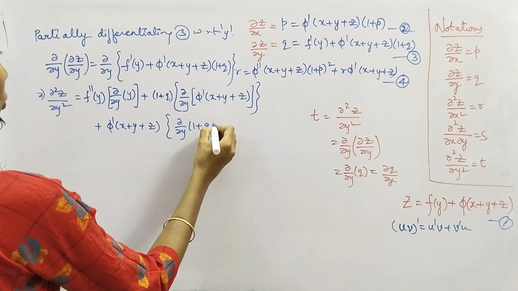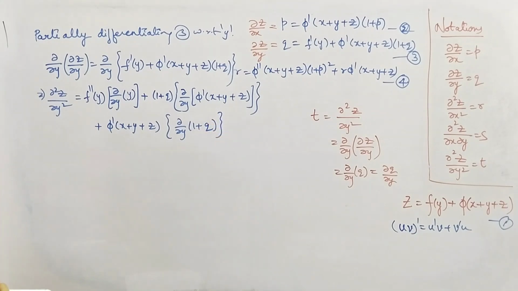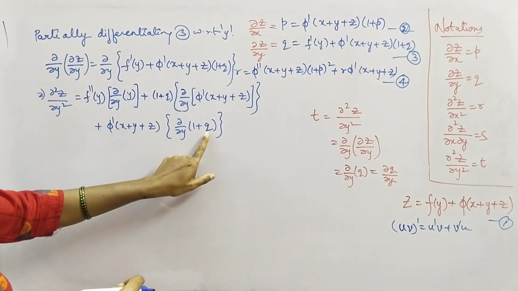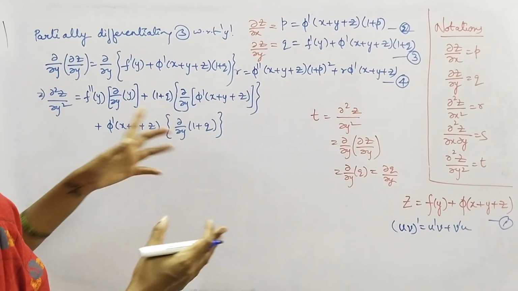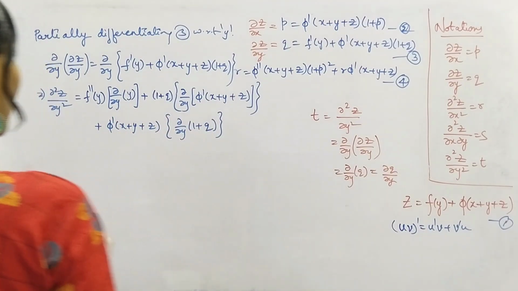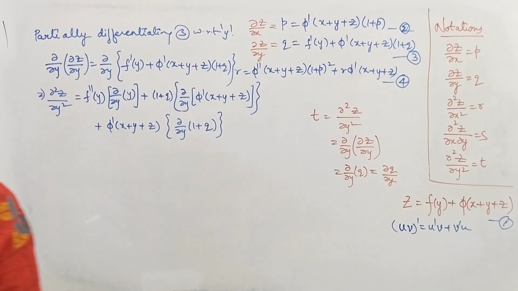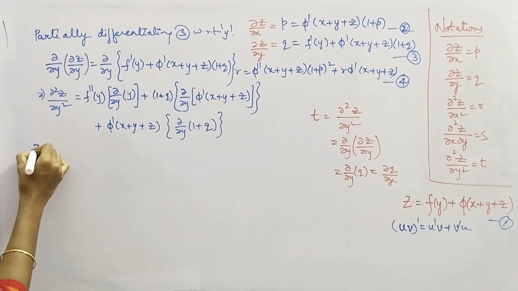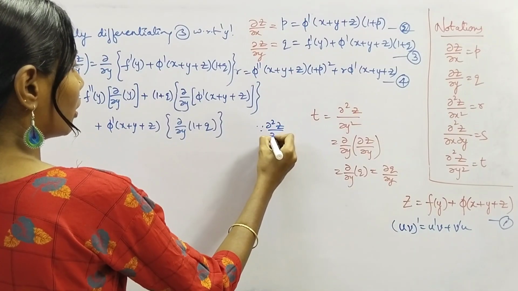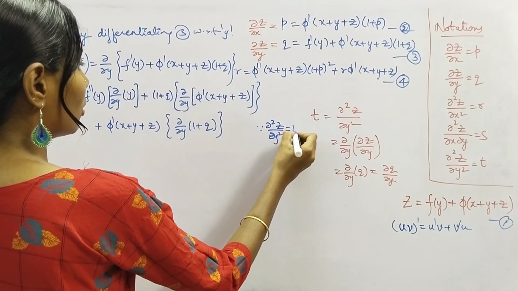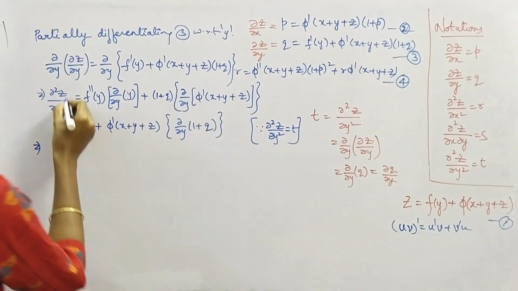Here you can write q, or you can write ∂z/∂y. It makes it easy, right? Now let's see what happens here. Since we know that ∂²z/∂y² equals t, just replace this term by t.